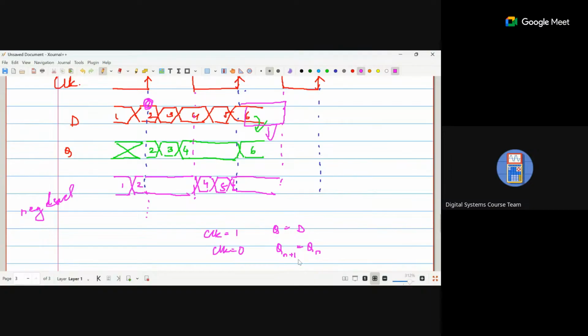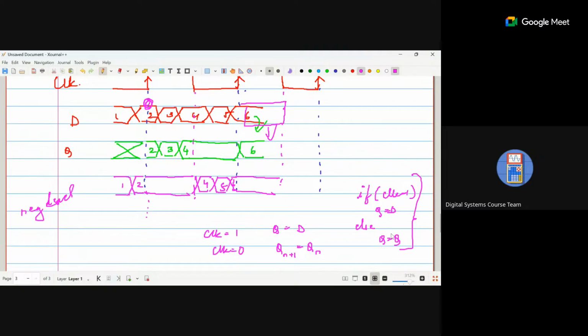Your Qn+1 will be equal to Qn. So if your clock is equal to 1, then q is equal to d, else q is equal to q. Basically this is the important part.